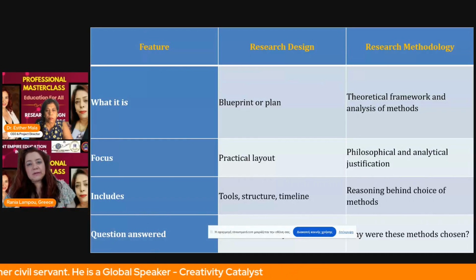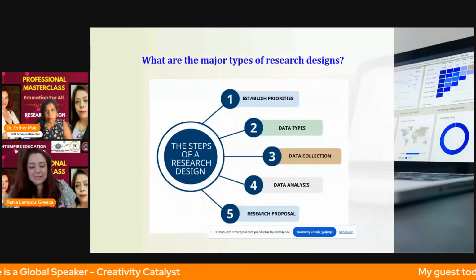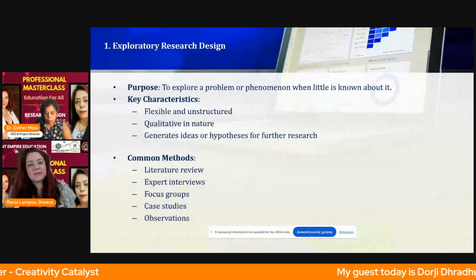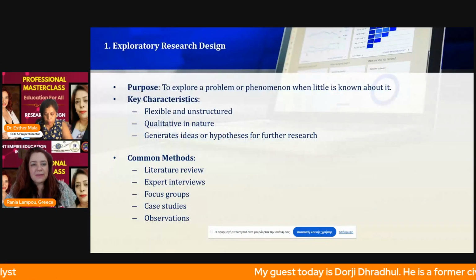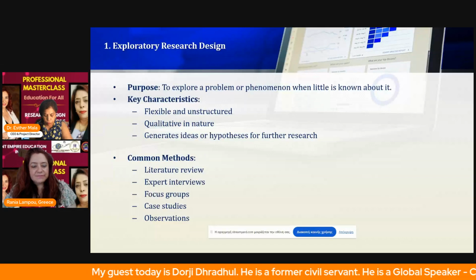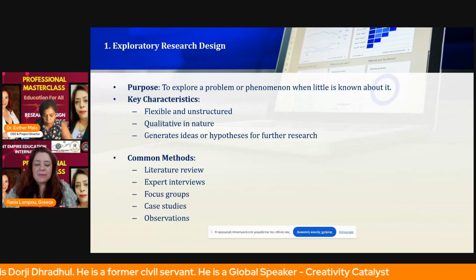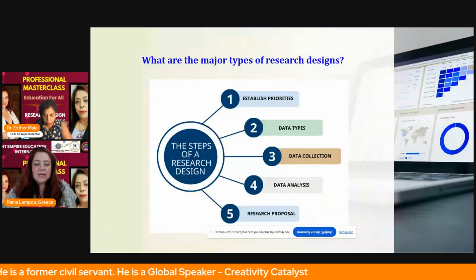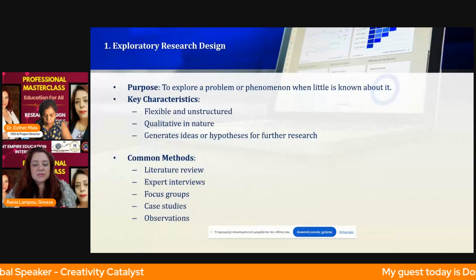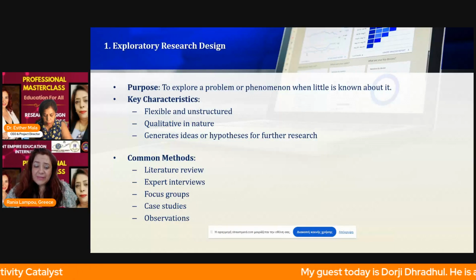So what are the major types of research design? The major types can be broadly categorized into three main groups: exploratory research design, and so on. These designs guide how researchers collect, how they analyze, how they interpret data.